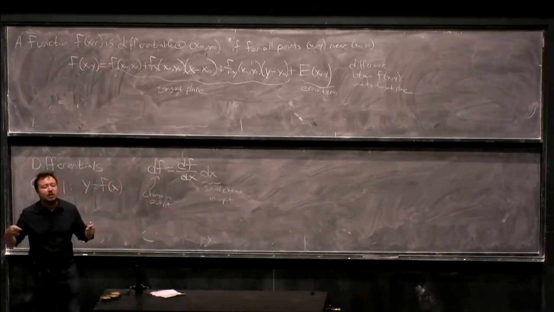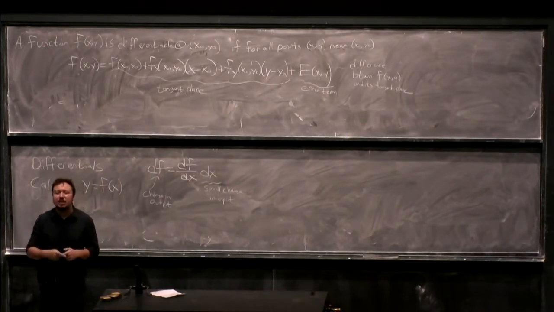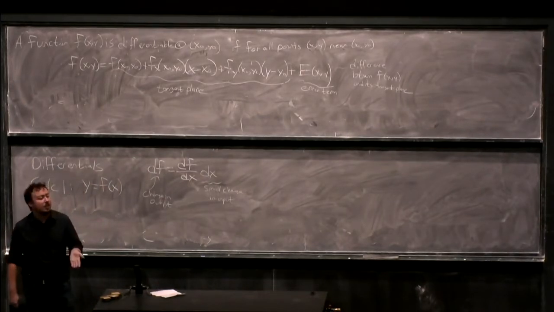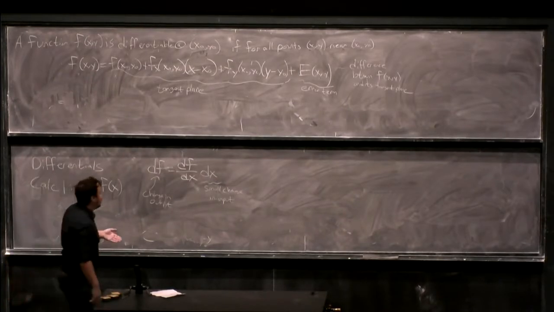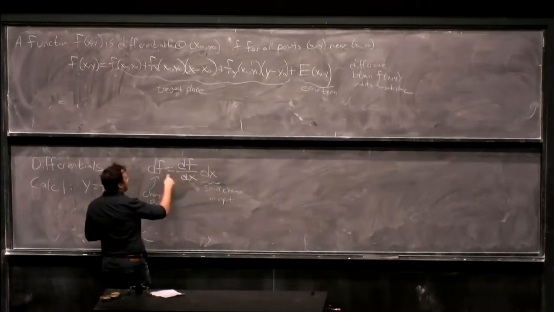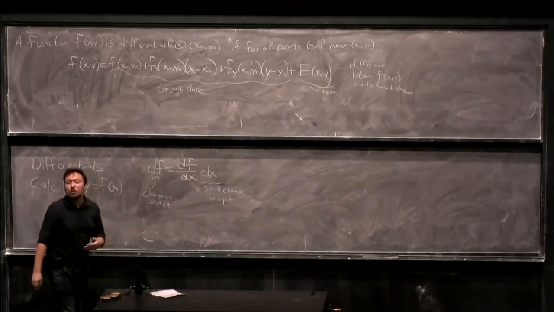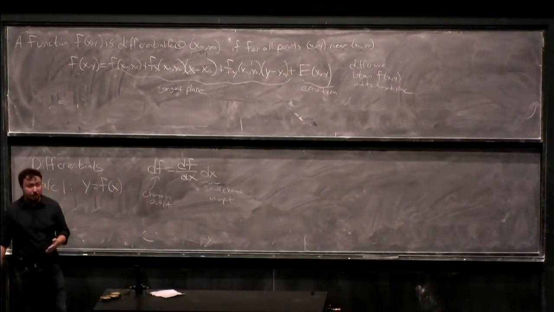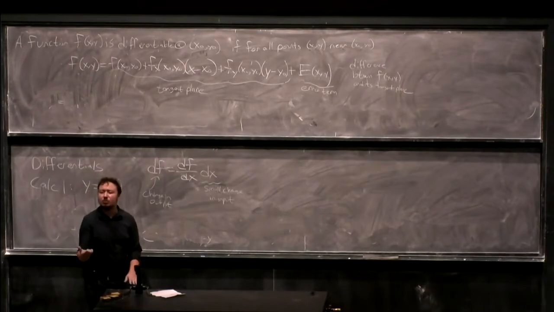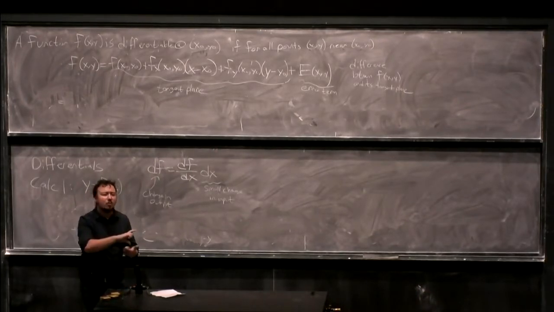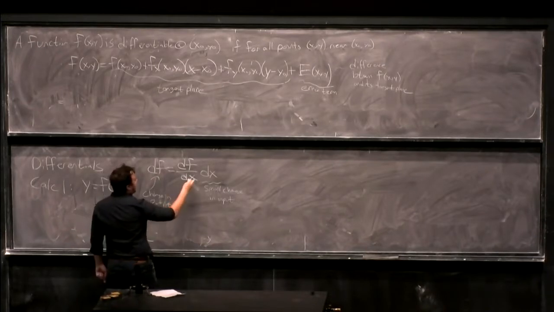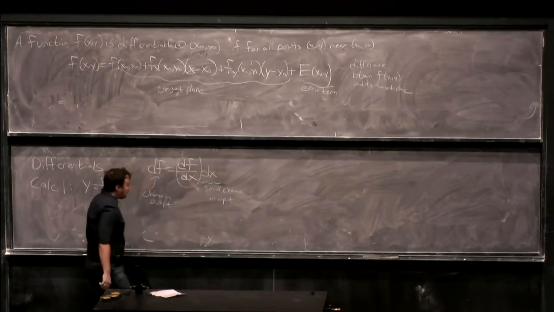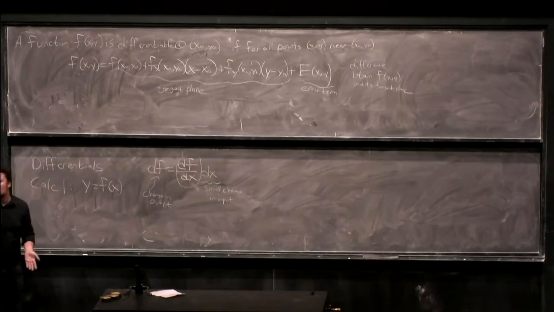So if we vary the x by just a tiny bit, maybe instead of plugging in 0, we plug in like 0.1 or something like that, this formula will tell us how much our function value will change. So maybe changing the input by 0.1 changes the output by 0.2. And that will all depend on what the derivative is. So that's the Calc 1 version.